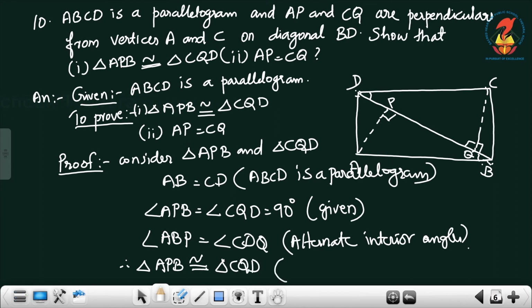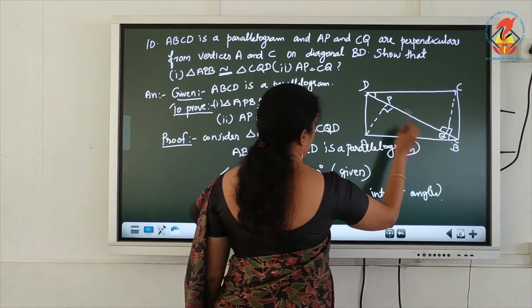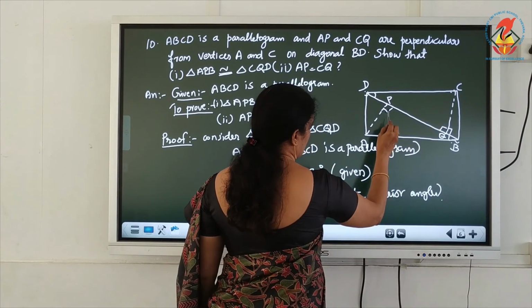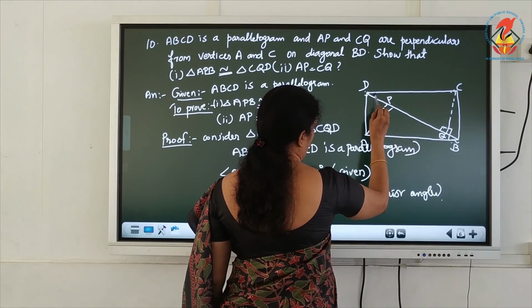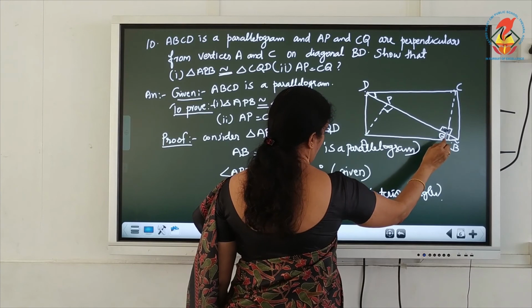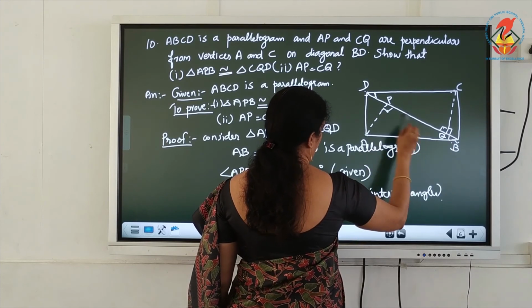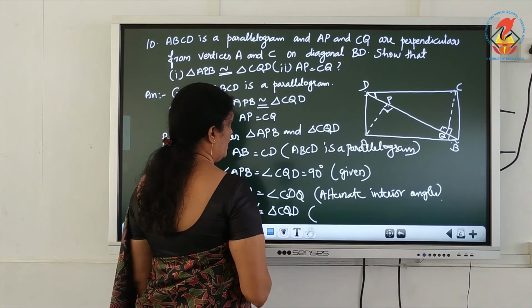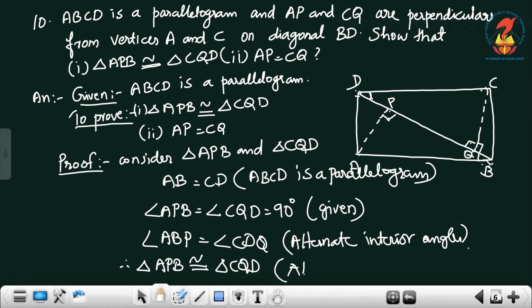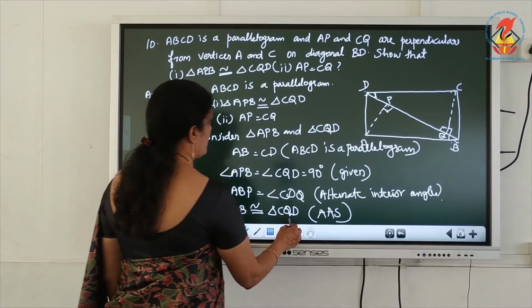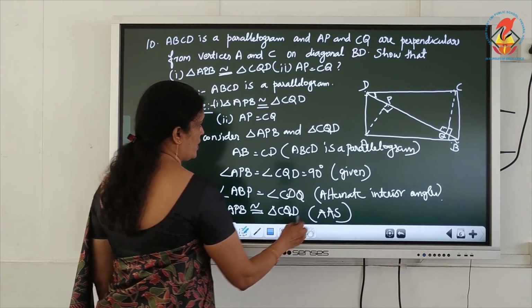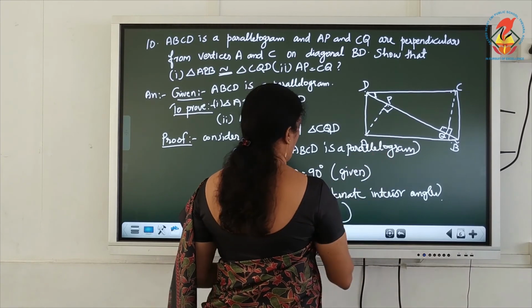By AAS congruence criterion: AB and DC are equal, these two angles are equal, CDQ and ABP equal, definitely AAS. These two triangles are congruent.